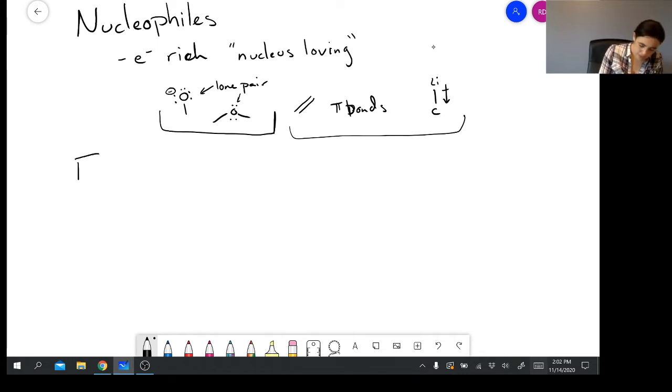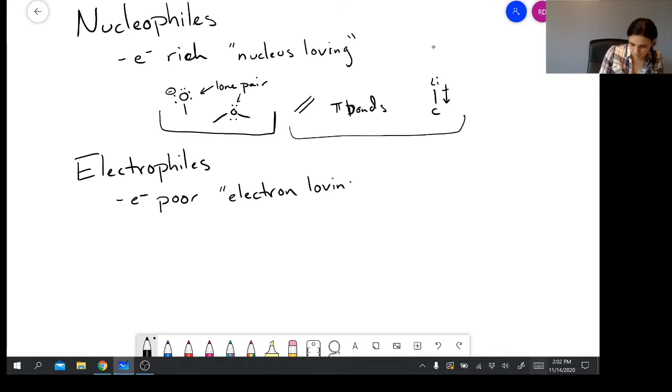Right? The electrophiles are electron poor. Or electron-loving species. Right? So these include things like positive charges or polarized bonds.